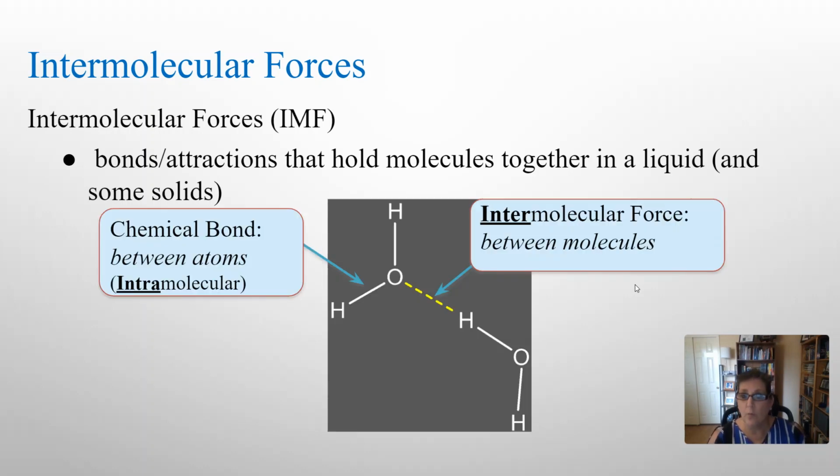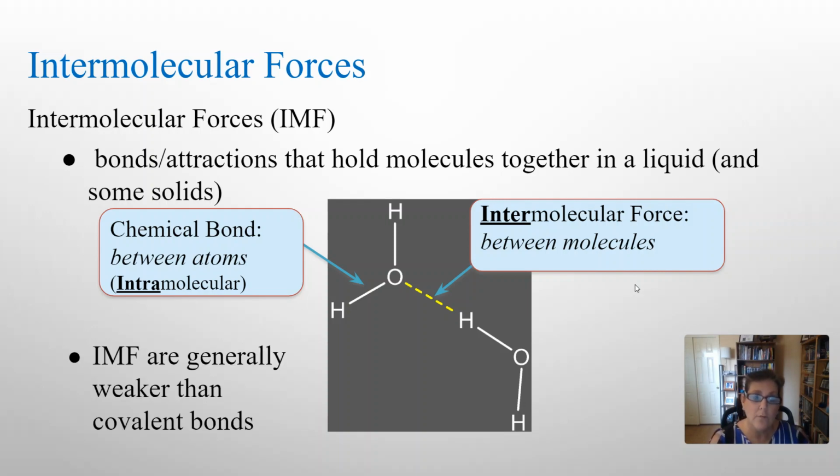So here's a picture of water. We have an H2O in white and a second H2O in white. Bonds are between the atoms within the molecule. So the HOH in white, those white sticks are bonds. They are covalent bonds. The dotted yellow line between the two molecules is the force, the intermolecular force.